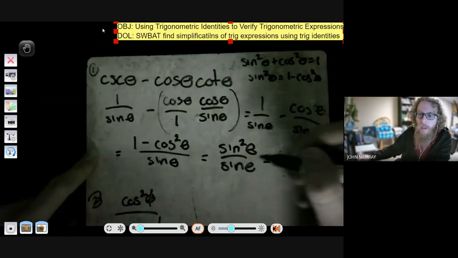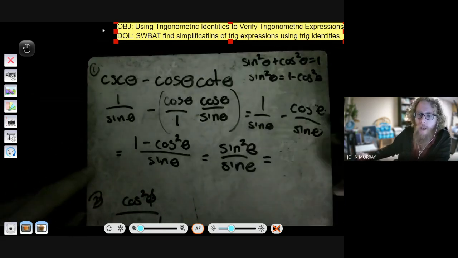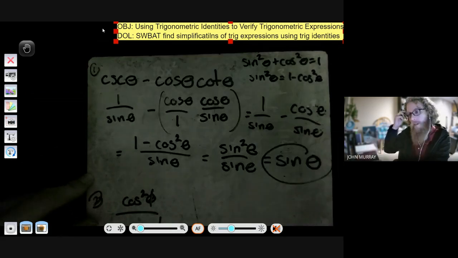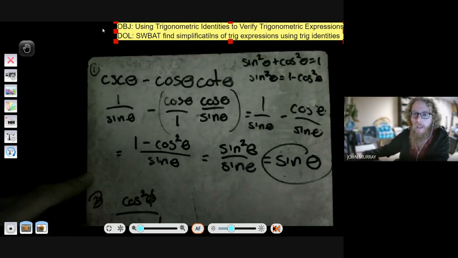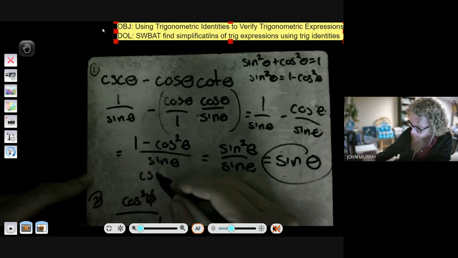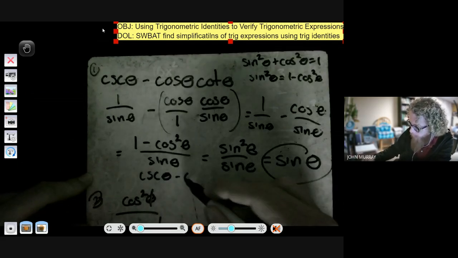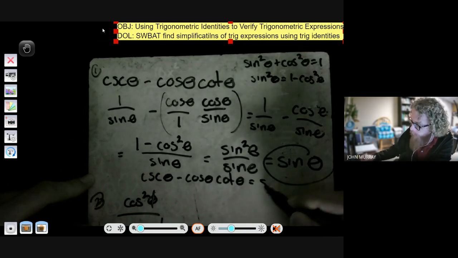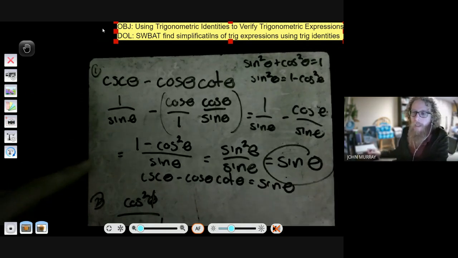And like I said, treat this like variables. This is like x squared over x. So simplifying that, we are just left with sine of theta. So I'm just going to rewrite it: cosecant minus cosine cotangent is all just equal to the sine of theta.